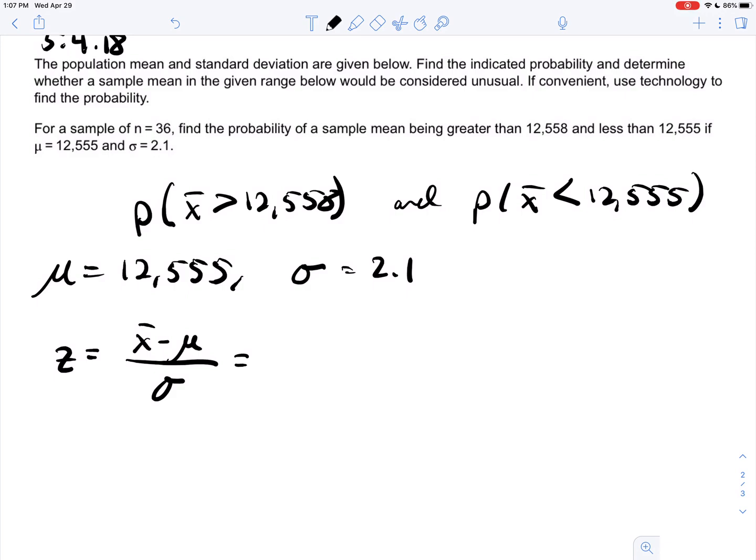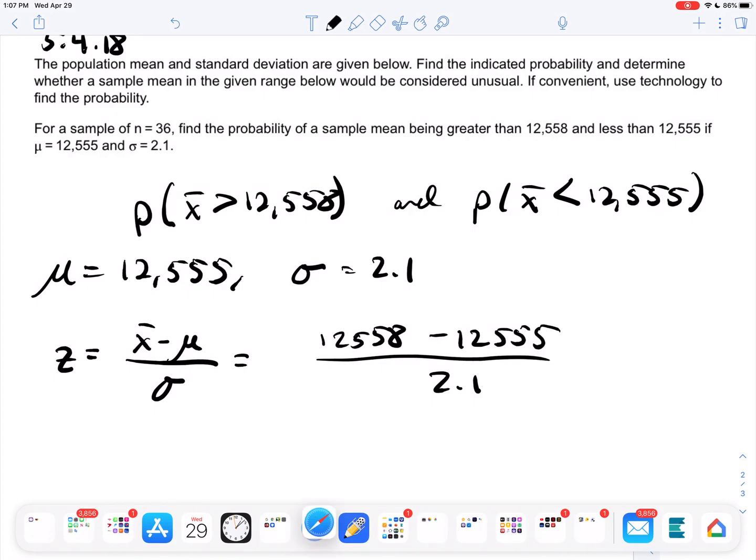So for the first one, let's do 12,558 minus 12,555 over 2.1.